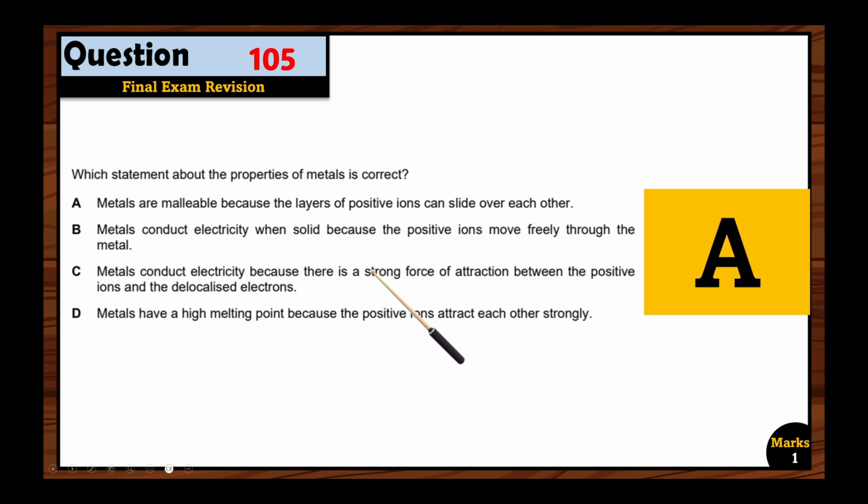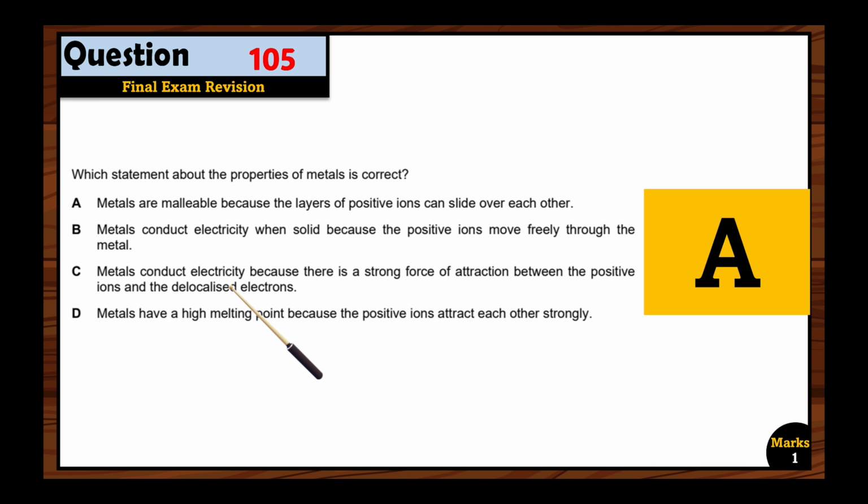Metals conduct electricity because there is a strong force of attraction between positive ions and delocalized electrons. That has nothing to do with electrical conductivity. We can get electrical conductivity in any substance if it has delocalized electrons or oppositely charged free ions. Free oppositely charged ions only exist in ionic compounds when they are melted or in aqueous solution.